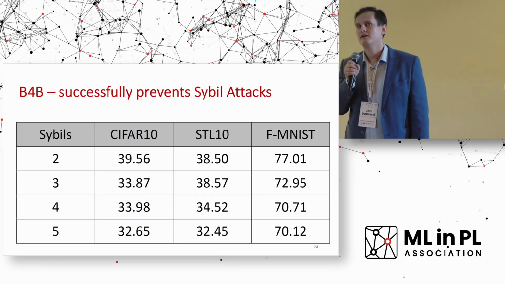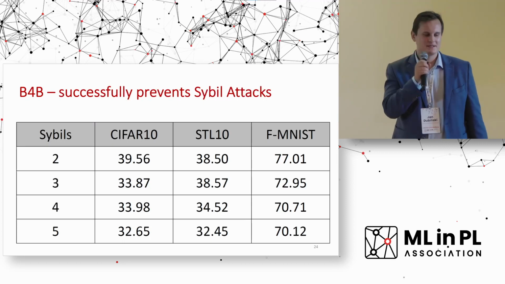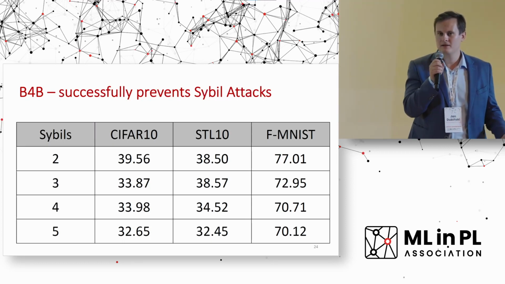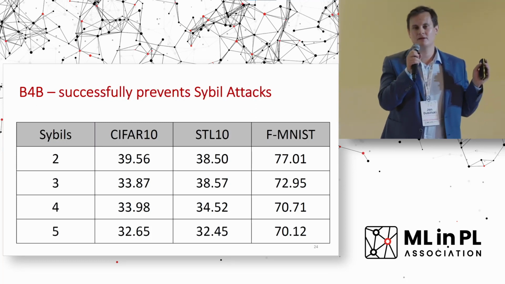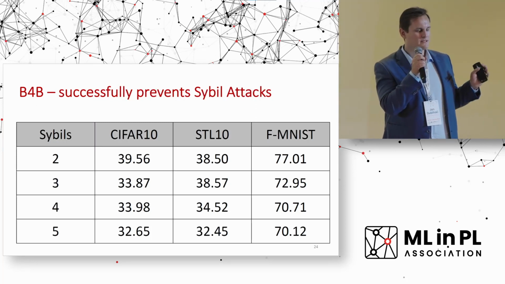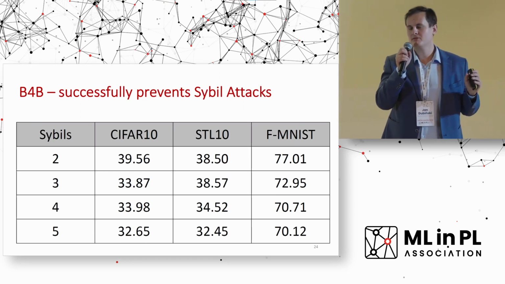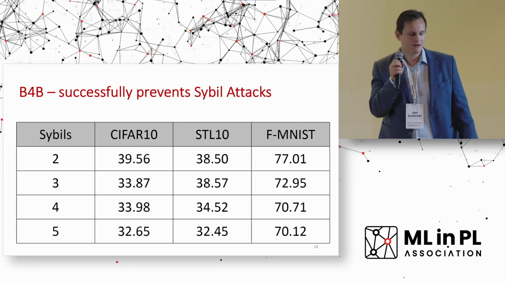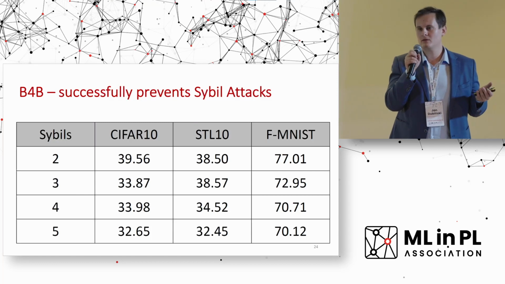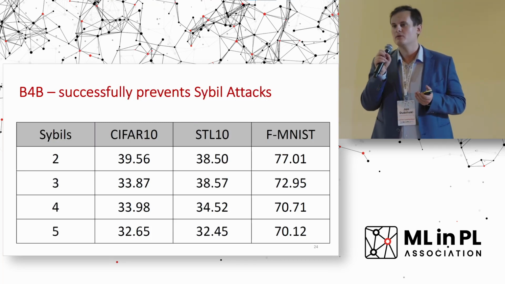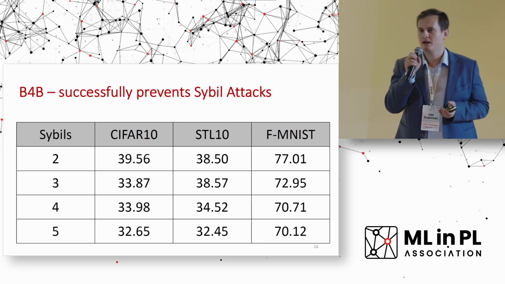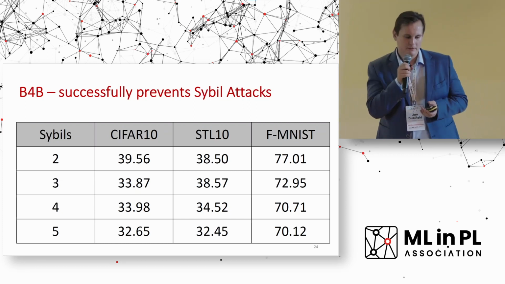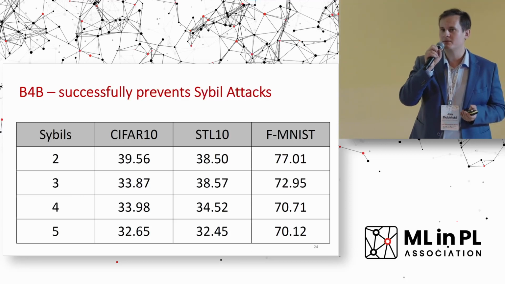And finally, B4B successfully prevents sybil attacks from multiple accounts. You can see that no matter what number of sybils is used by the attacker, they are still not able to reach the performance of the attack on an undefended encoder, and the performance even decreases with the number of sybils.